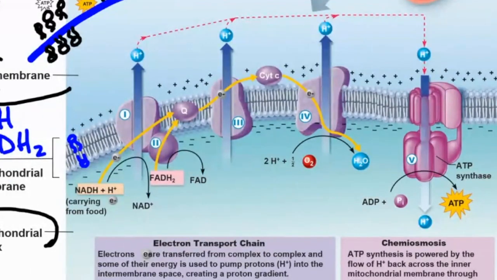And what are we going to do with these little high energy molecules? Convert them into ATP. So that is our job now. So what I'm here to help you with now is this is the last step. You can see it on your paper. It is called the electron transport system, or sometimes it's called the electron transport chain. ETS or ETC. Either way.